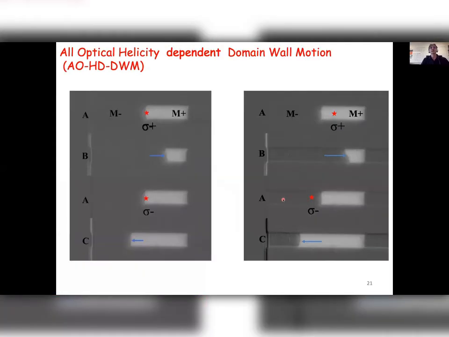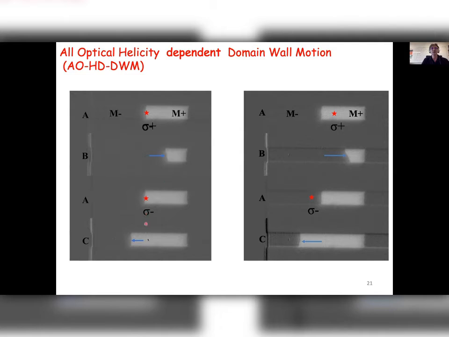So what we find is that nucleation may be dependent on the helicity. What is clear is that domain wall propagation depends on the helicity. Here, at the beginning in A, we created a domain and we shine light on the domain wall, so between the two domains. And you see that if you use one helicity, the domain goes in one direction.